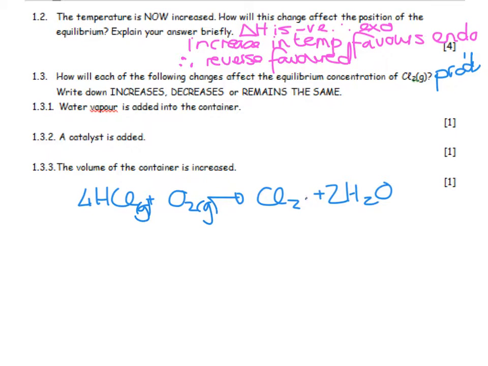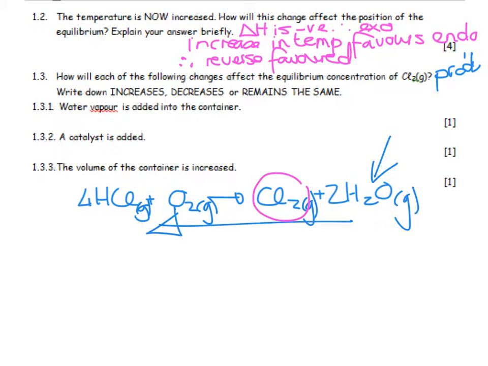If I add more of the product, which is water vapor, the reaction is going to favor the reverse reaction, because it will try and use up that water. What will therefore happen to the chlorine is I will get less of that. What happens to the equilibrium concentration of the chlorine? It is going to decrease.